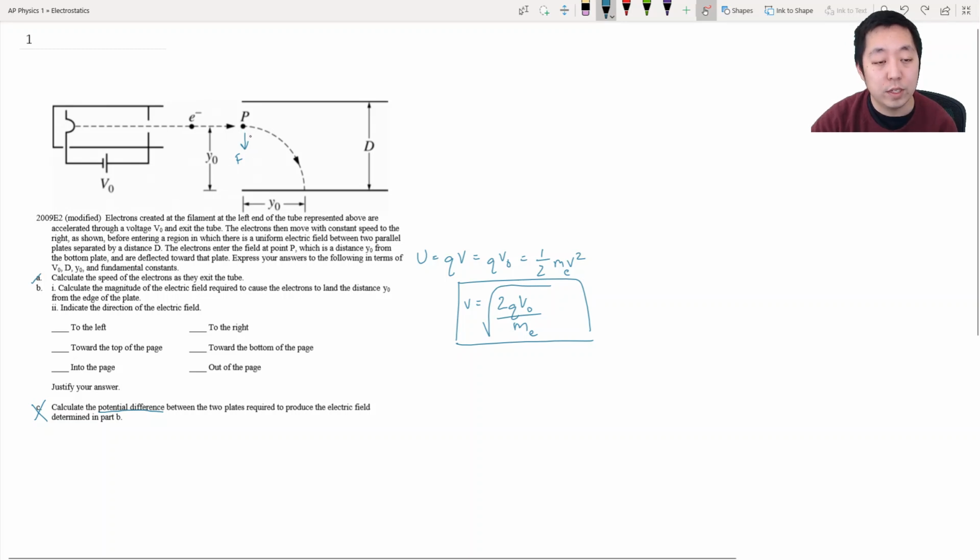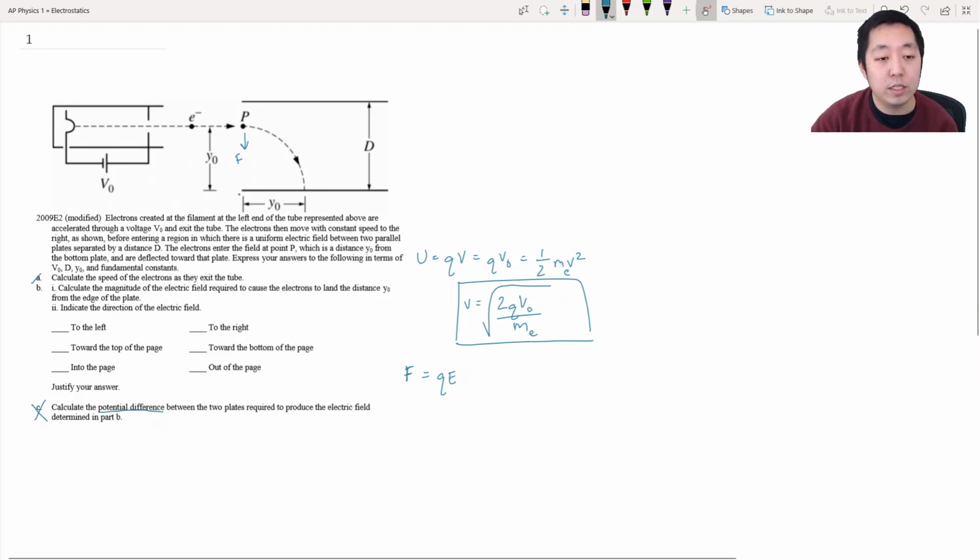So the force from the electric field is going to be Q times the electric field. I'm under a constant force here, just like an object in gravity, for example. I use kinematics to describe this motion, right?